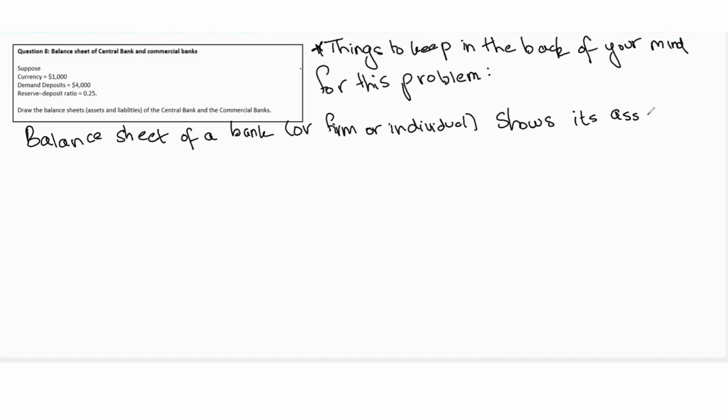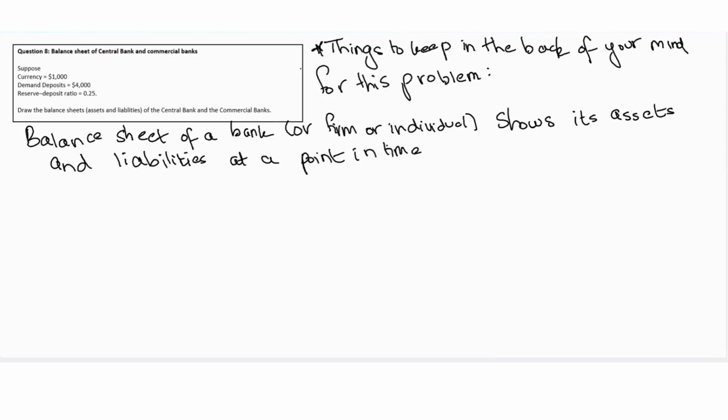So the point of a balance sheet of not just a bank, but of any firm or individual, is that it shows its assets and liabilities at a point in time. It's not over a period of time, it's for a particular point in time.